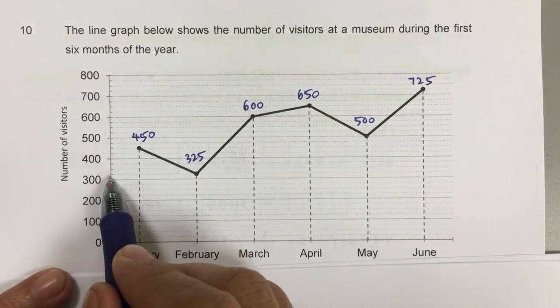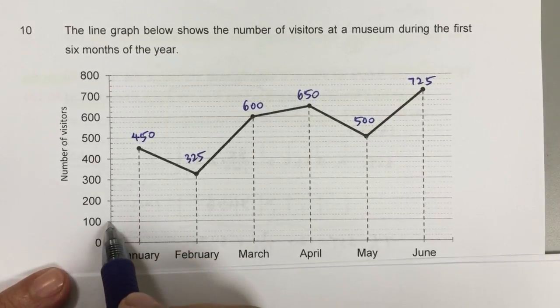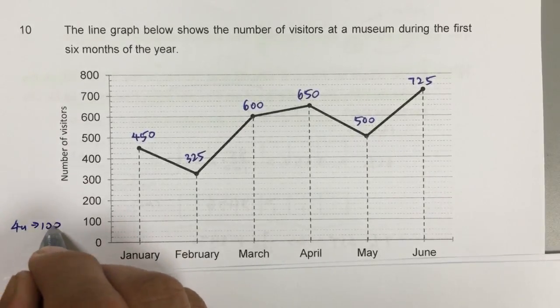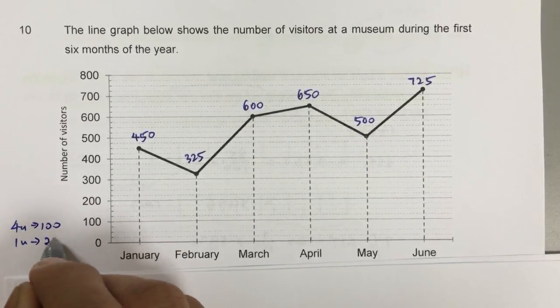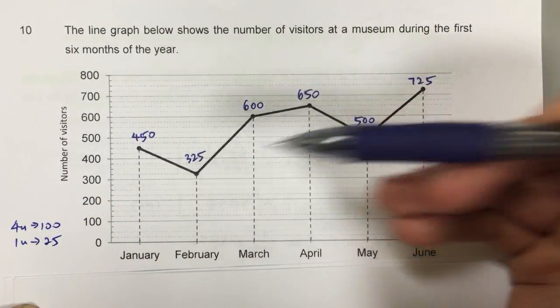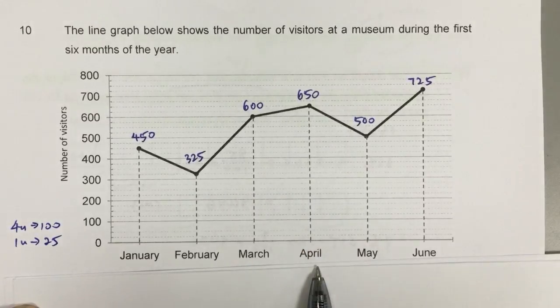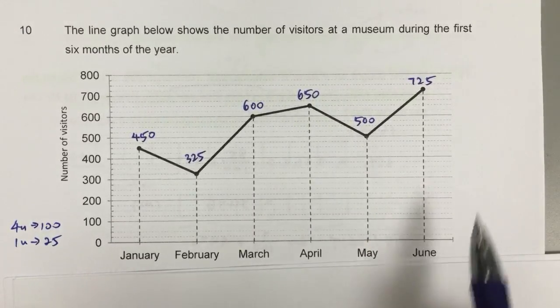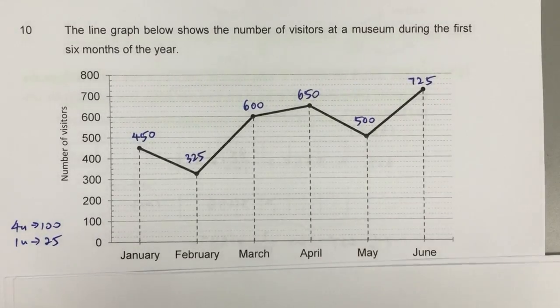Recognize I have 4 units here, 1, 2, 3, 4. 4 units is 100 visitors. So 1 unit is divided by 4, I have 25. So 1 unit is 25 visitors only. March 600, April 650, May 500, and June I have 725 visitors.